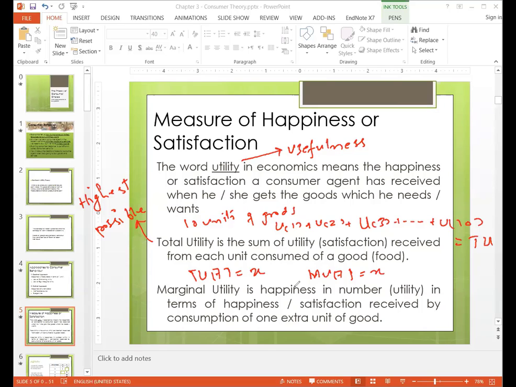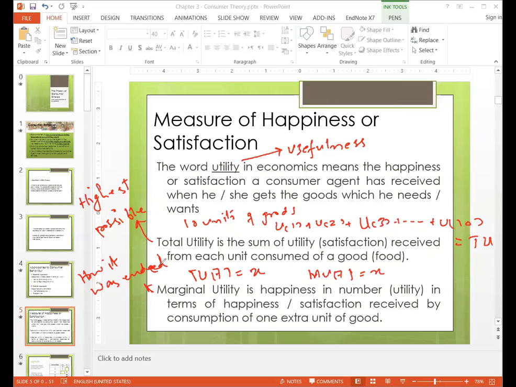It tells us how it ended. If you had three puris while eating halwa puri, the third puri is giving us some number, and marginal utility is the number that is telling us that. Total is the sum of three, and marginal is the last one.